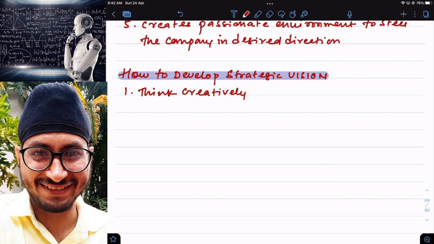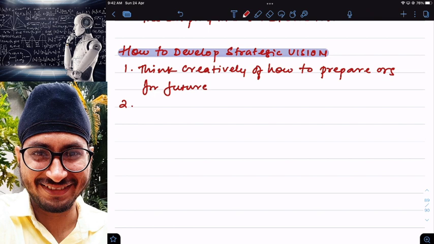You should think creatively about how to prepare the organization for the future. It is mandatory, right? If you don't have creativity, you won't be able to create a good vision. If you have creativity, you will be able to create a good vision.